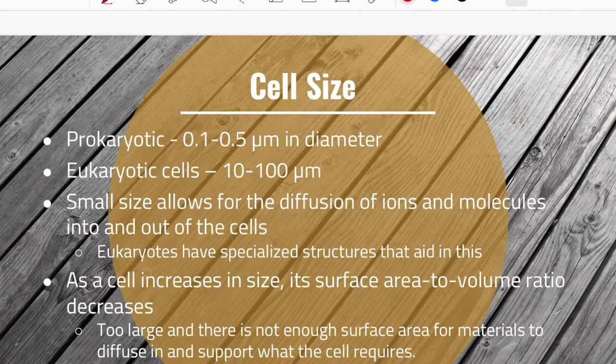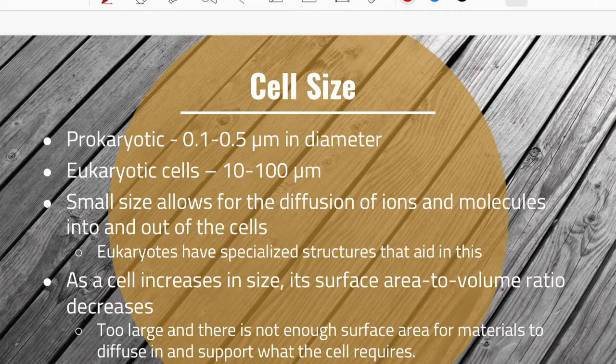So it's important that my volume, my metabolism, is able to move materials in and out as needed. If I get too large, my volume increases a lot faster than my surface area does. So what happens in that case is now my metabolism has a much higher requirement, and my surface area will not move the materials in fast enough.